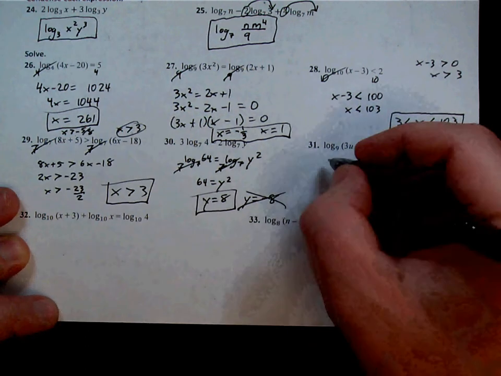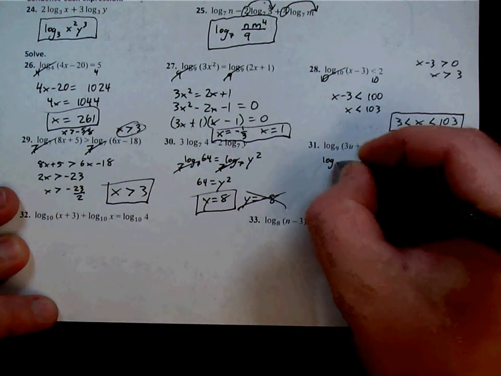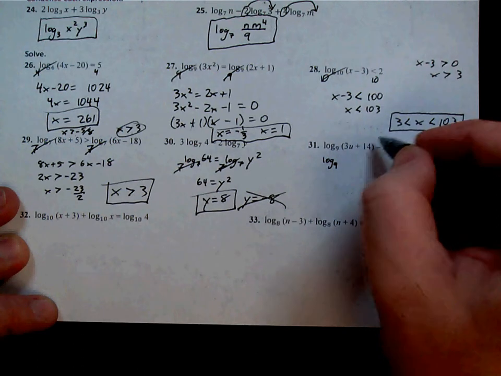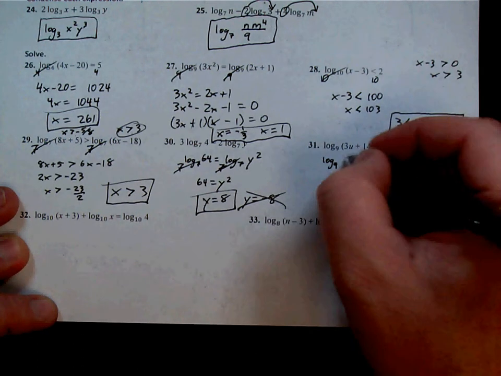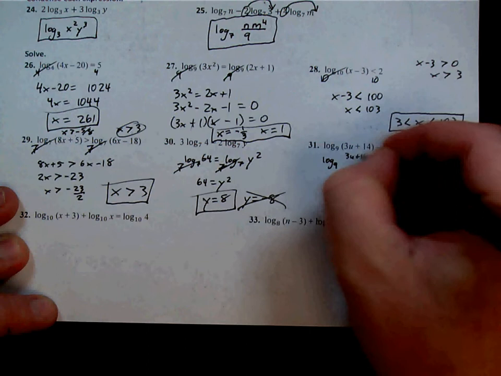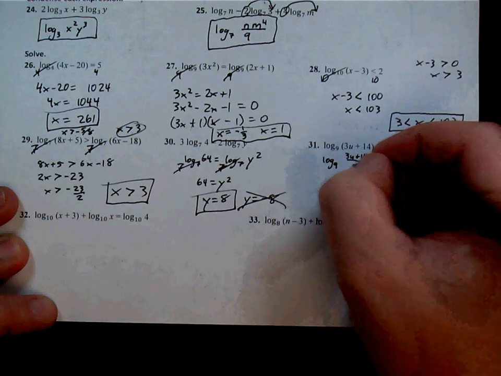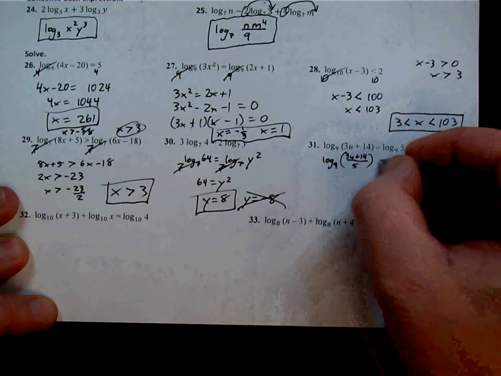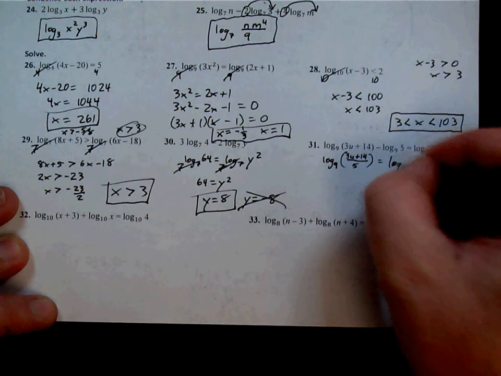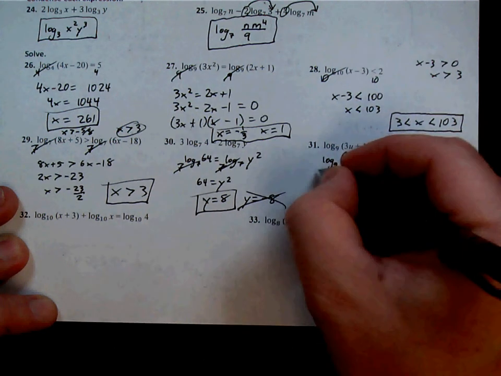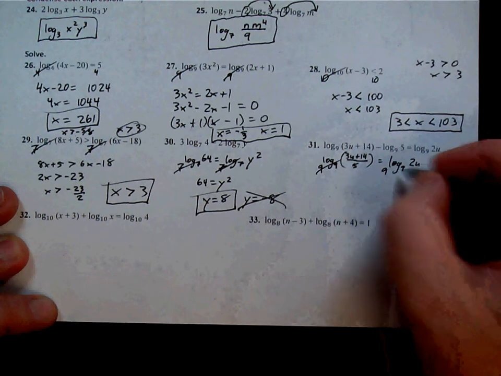Number 31, I've got to condense. So 3u plus 14 is going to be over 5. Okay, so now I can exponentiate with 9s.